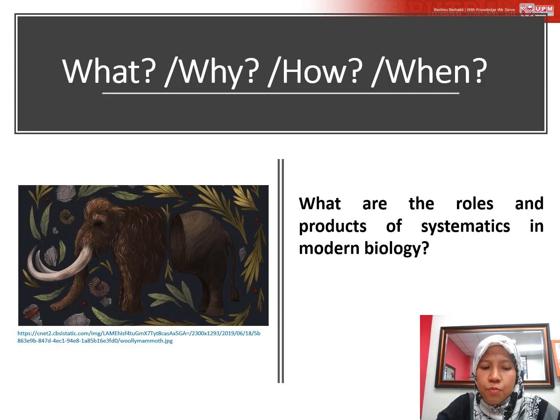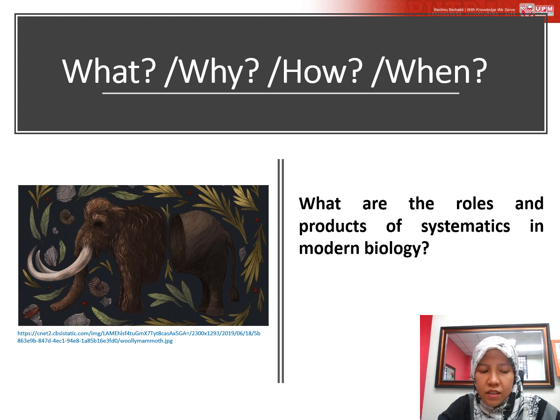Alright, before I proceed to my lecture, I would like to ask you, what are the roles and products of systematics in modern biology? Some of you might think about identification or documentation. Yes, systematics identifies and documents Earth's biodiversity and organizes this information in a form that can be utilized by others.